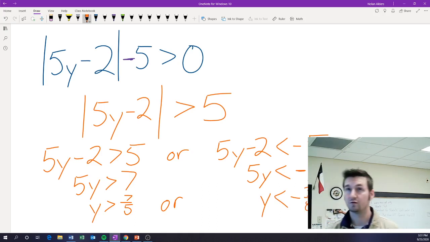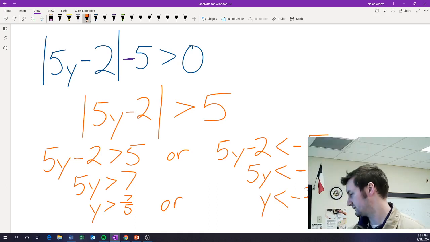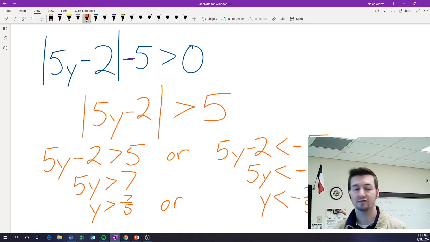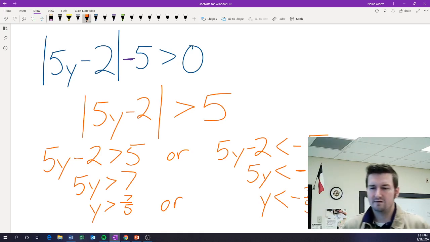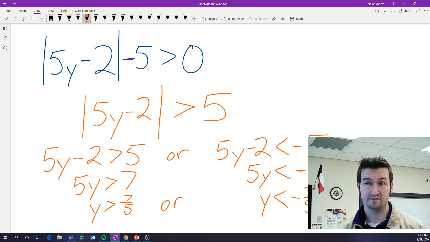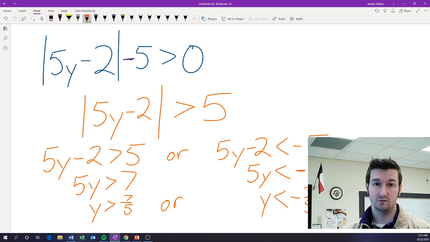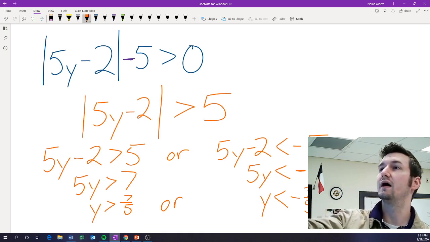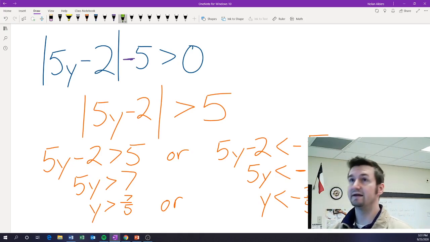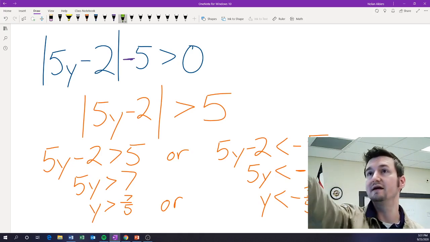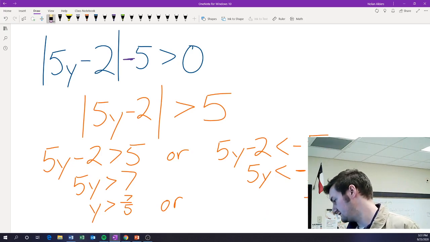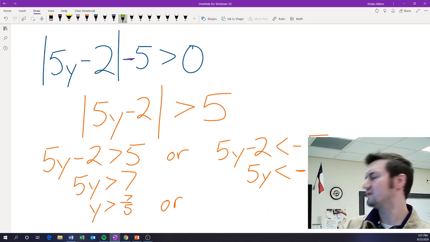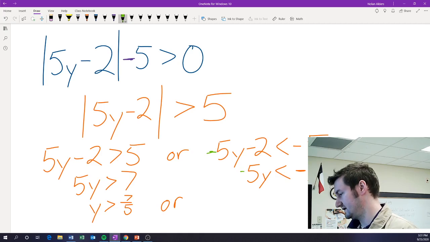Now, one thing before we end the video is, what if we divide or multiply by a negative number? Remember that. Let's just look at this bottom right area, and let's say that instead of 5y, we had a negative in here.